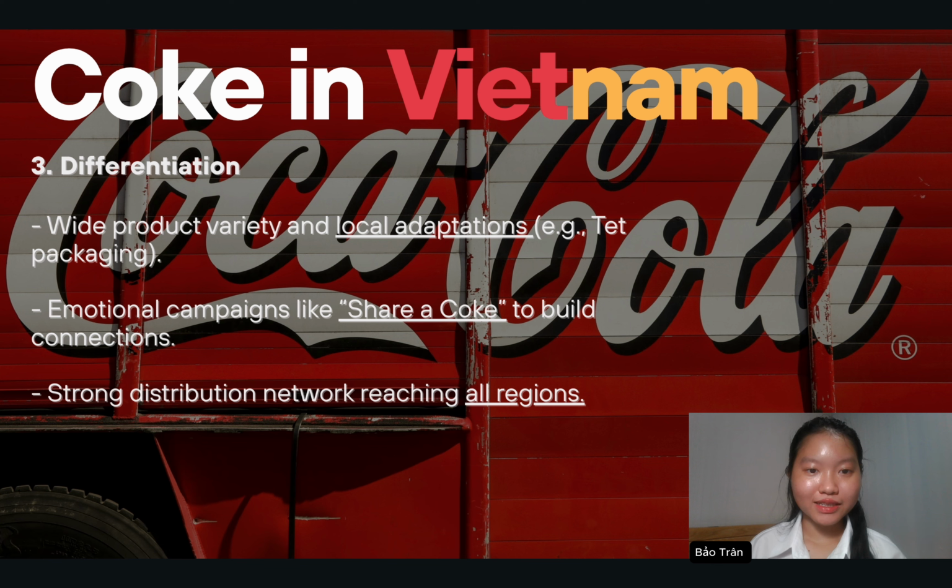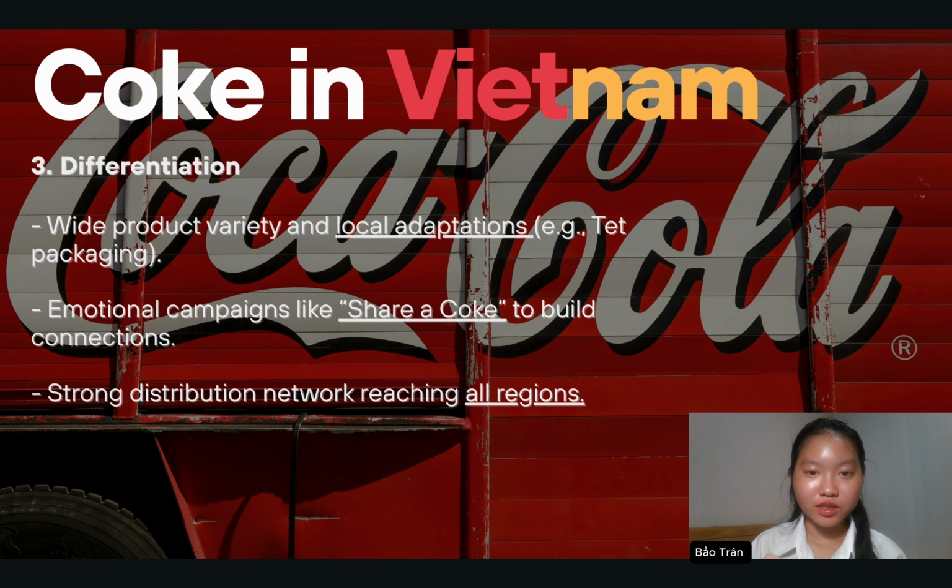Coca-Cola differentiates itself through a broad product variety and local adaptation, such as Tet packaging, while running emotional campaigns like Share a Coke to connect with consumers. Its strong distribution network also ensures availability across all regions.